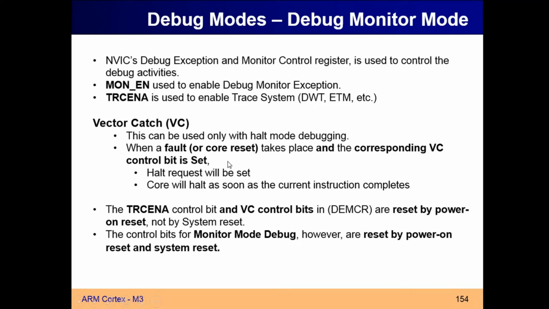That means whenever a particular fault occurs, it will halt the processor and the corresponding vector address will be taken. That is known as vector catch.